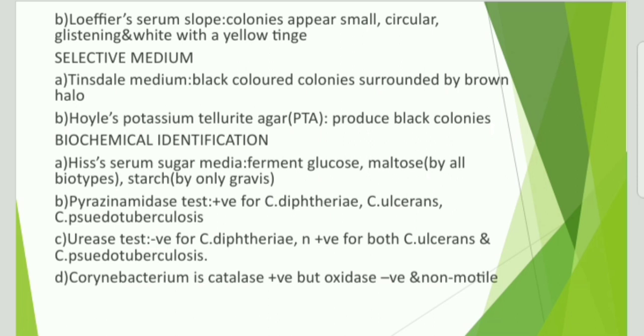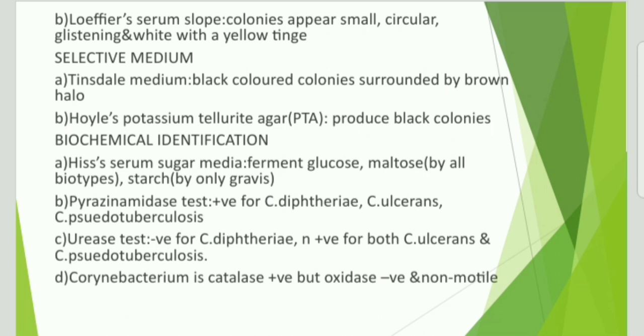The advantage of Loeffler's medium is that growth can be detected early, and it's the best medium for metachromatic granule production. The disadvantage is that, as it is an enriched medium, if we incubate it beyond 6 to 8 hours, it supports the growth of other throat commensals also.